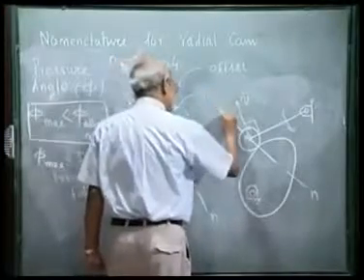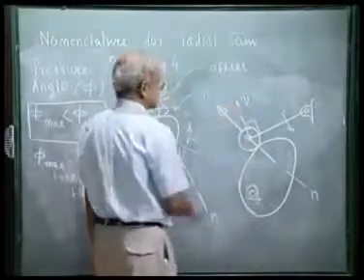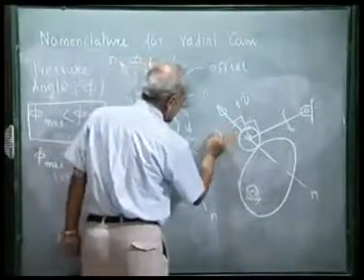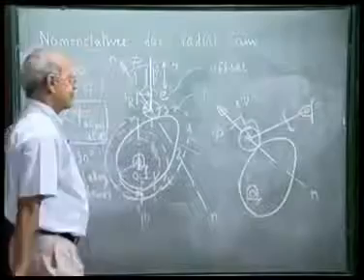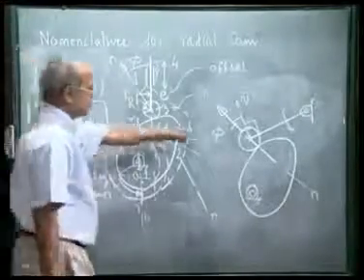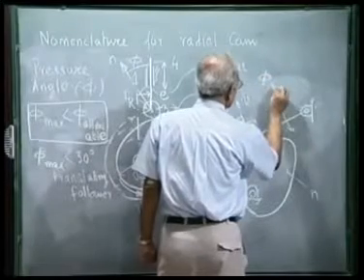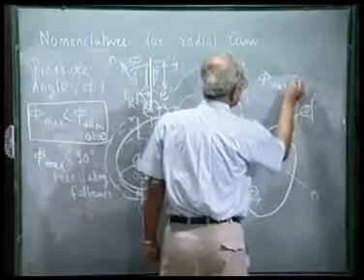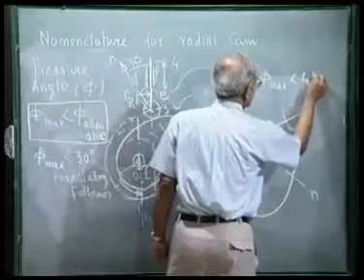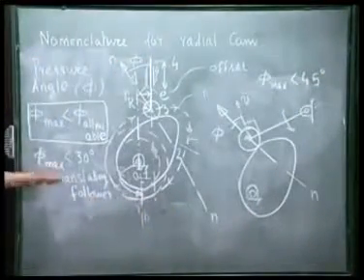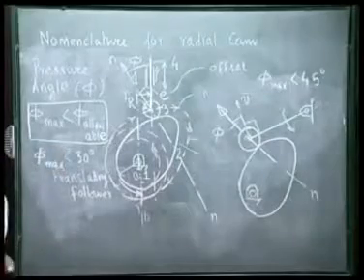So this is the direction of the contact force in the absence of friction, and this angle we will call pressure angle. For such oscillating follower, the pressure angle is less important, and phi max should be less than 45 degree, whereas for translating follower, phi max is less than 30 degree.